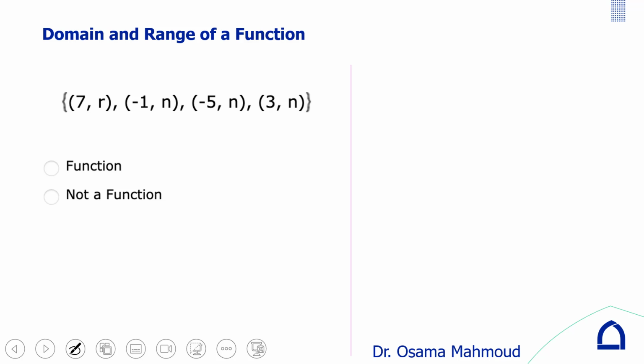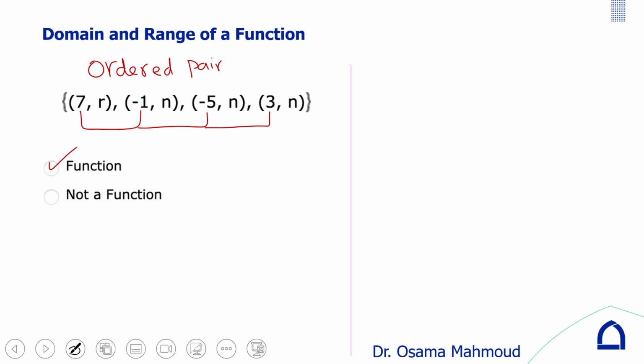This one we call the ordered pair representation for the function or relation. To check whether it is a function, we check the domain. The domain is the x coordinate, which is to the left in the ordered pair. So if we find something repeated, it means one value in the domain has two images in the range. But all of them are different here, right? So it is a function.